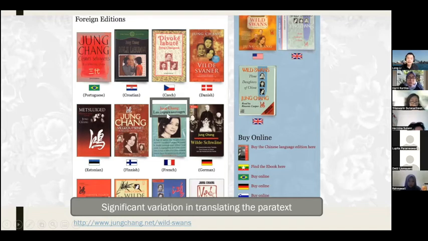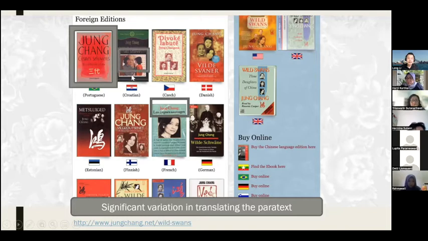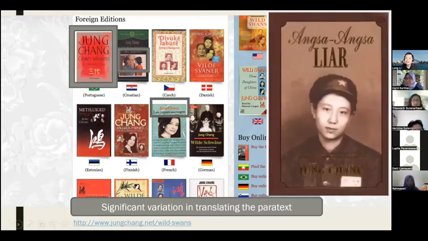And I can tell you that the subtitle, Three Daughters of China, is not translated. You only have the title. The Brazilian cover has no image. And the Croatian cover, you see different images that the English language covers do not use. And this may look a bit more familiar to you.